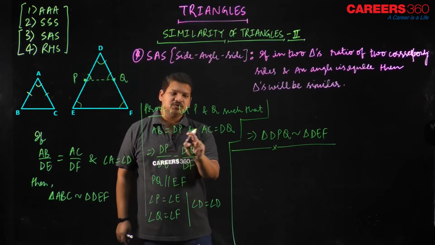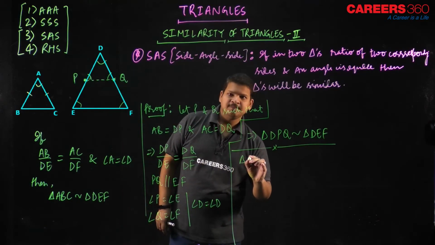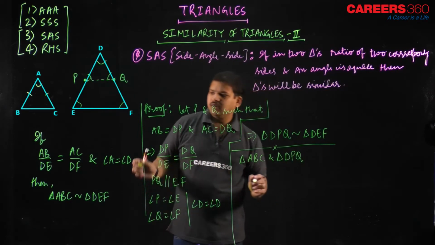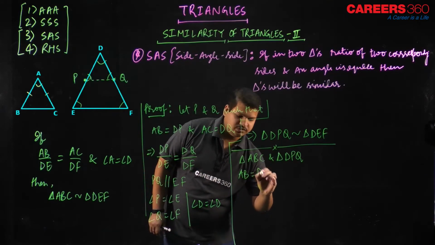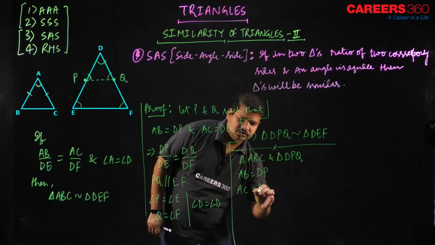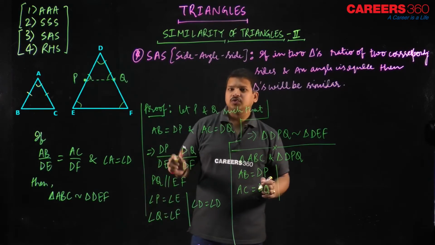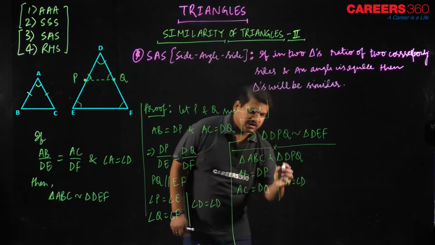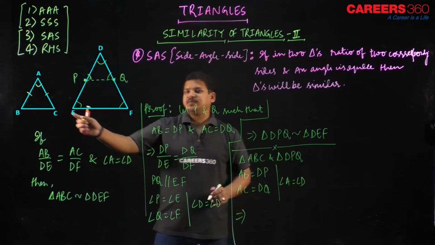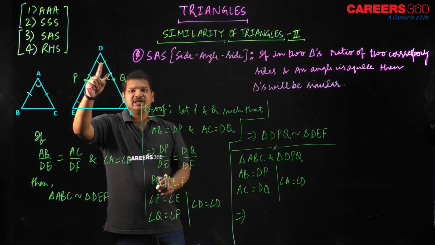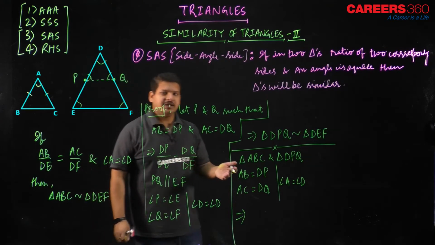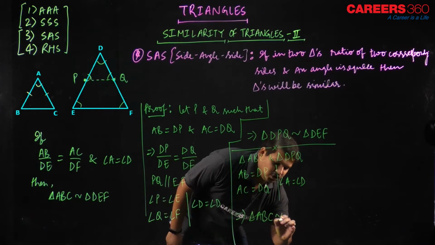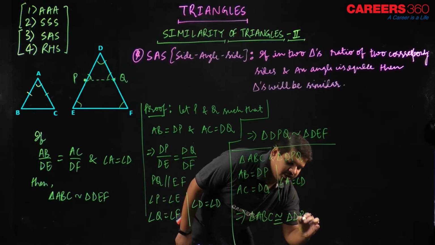Now let us look at triangles ABC and DPQ. I already know that AB is equal to DP and AC is equal to DQ. Also angle A is equal to angle D, which is given. So as per the side angle side congruency criterion, triangle ABC is congruent to triangle DPQ.